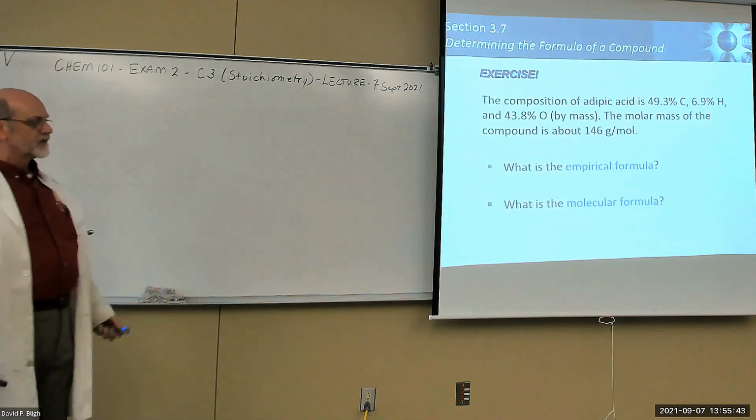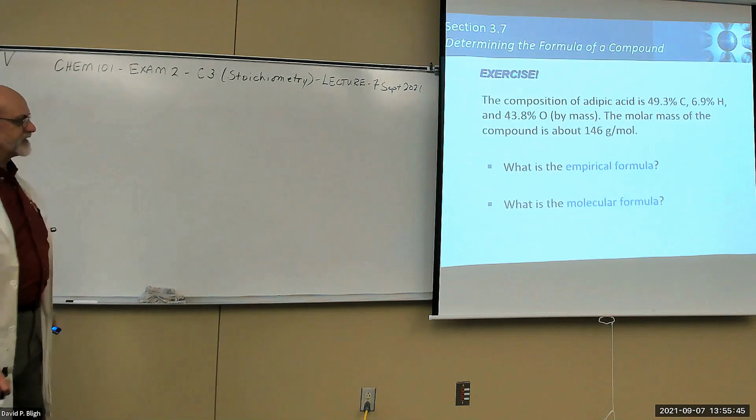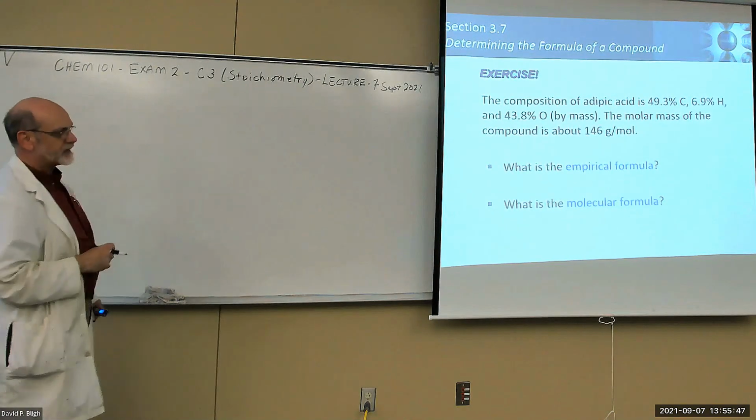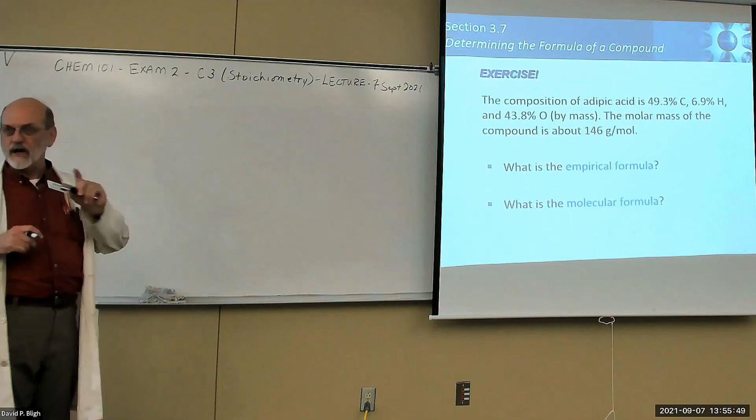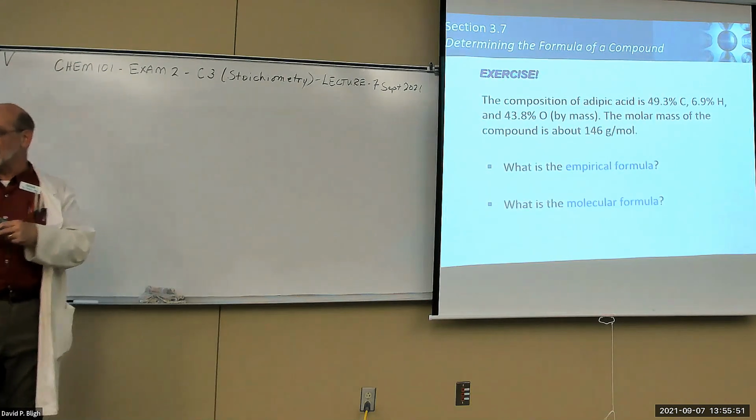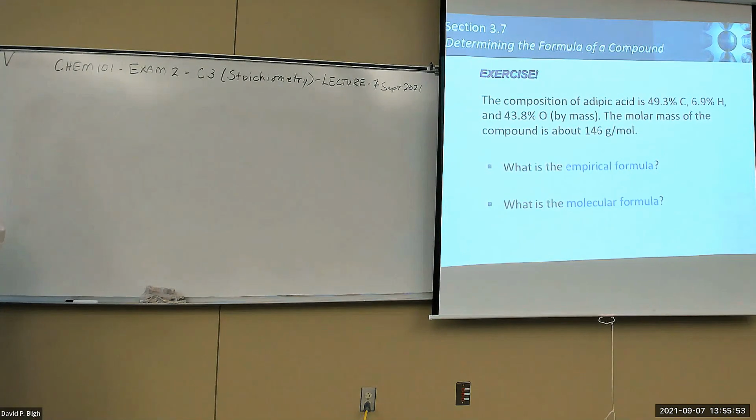All right, so here we have a compound, adipic acid. And we know it has carbon, hydrogen, oxygen only. A qualitative analysis has been done and determined that those are the only three elements. Then a quantitative analysis was done to determine the actual percentage of each one, probably using that combustion chain.